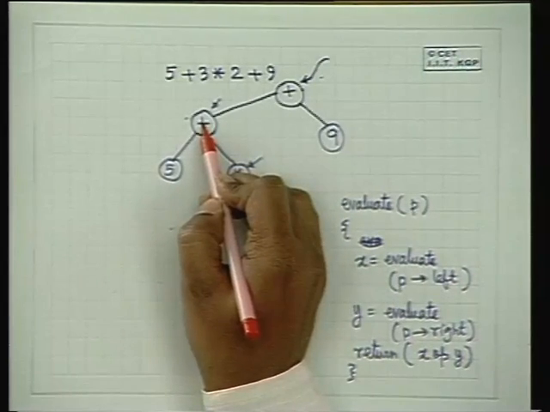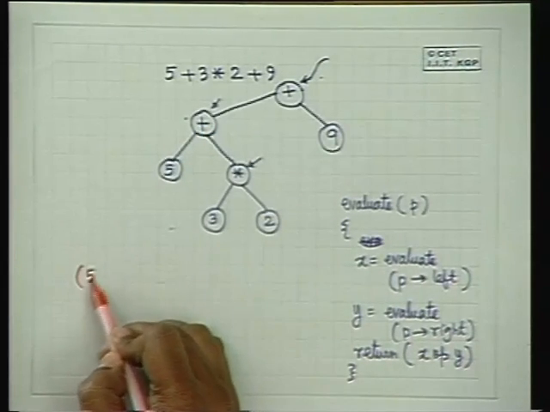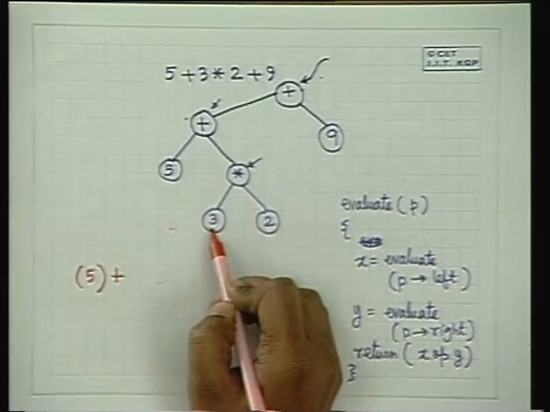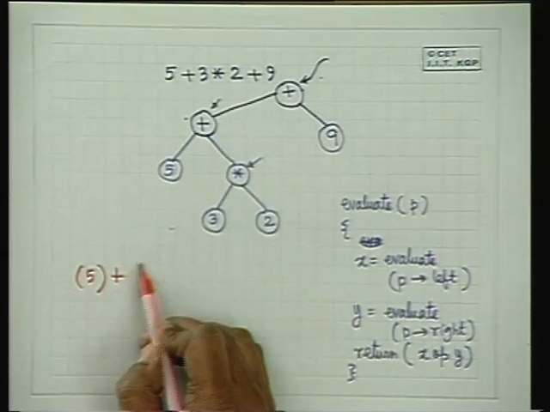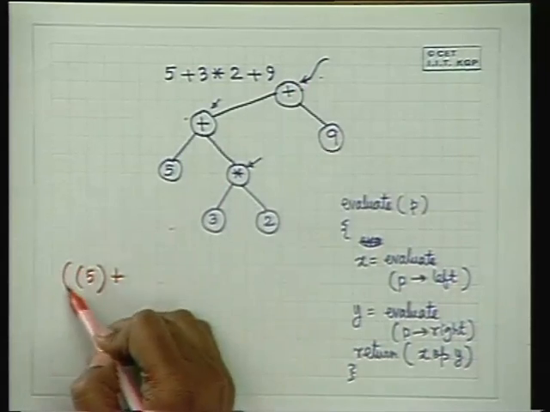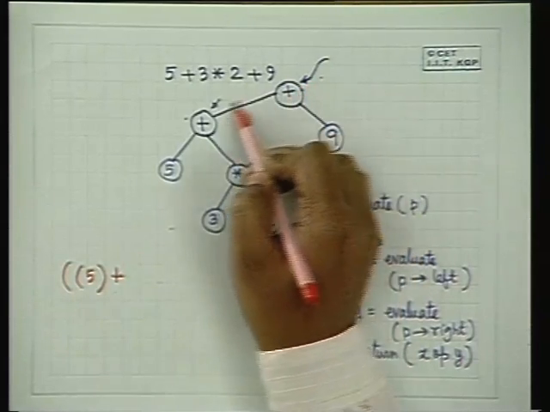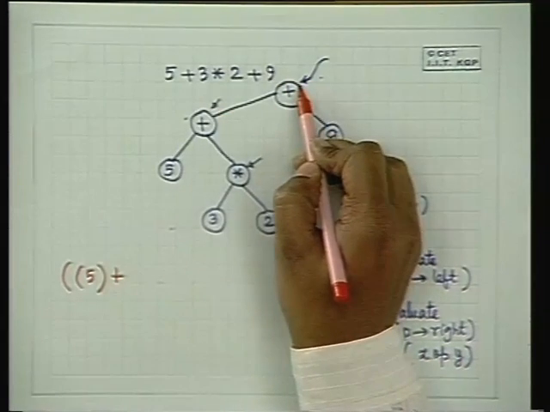So here you come again first to the left side, so you will print 5. Then the node, then this side. Whenever you are at a node, you first print a bracket.